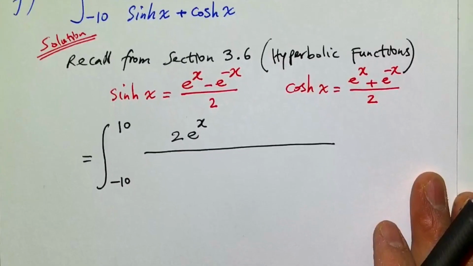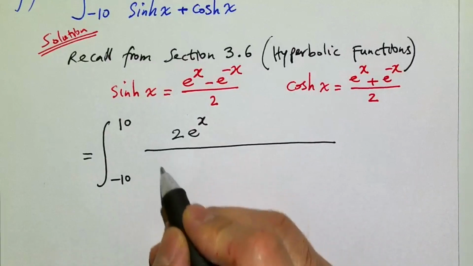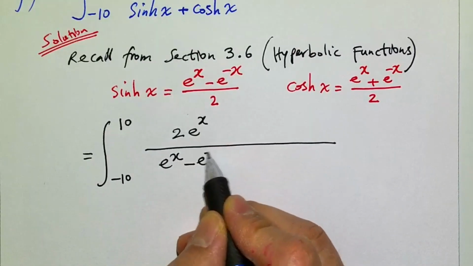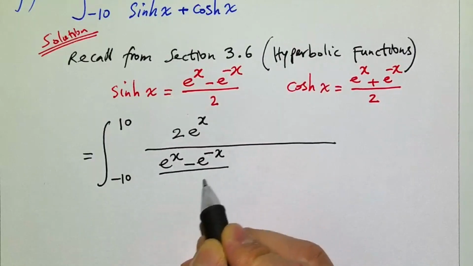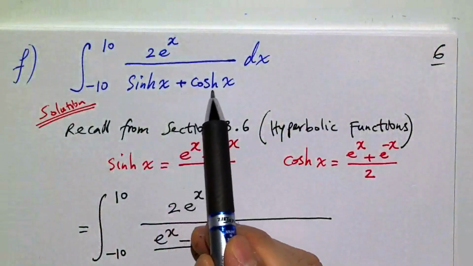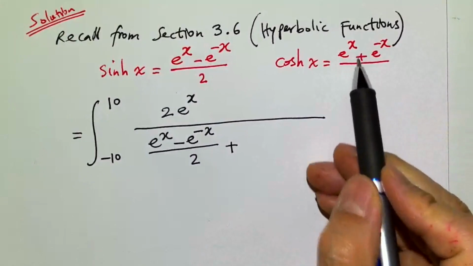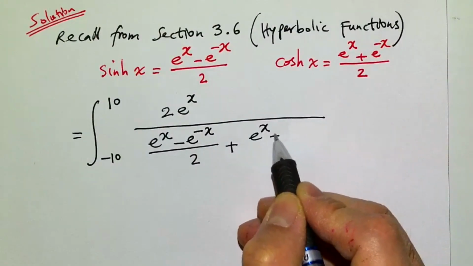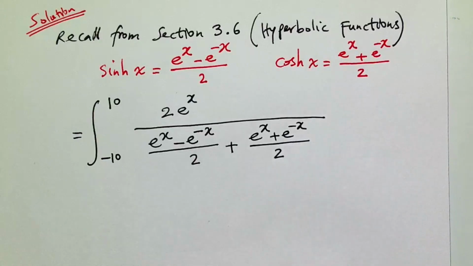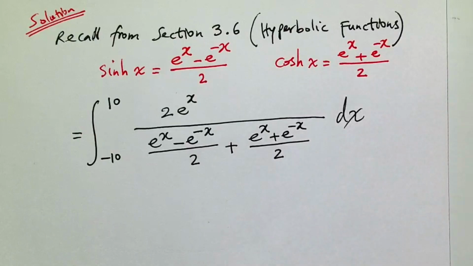It's going to go off the screen, but it's okay. You'll have it in the lecture notes anyway. So e to the x minus e to the minus x over 2, plus the hyperbolic cosine, plus all of that, e to the x plus e to the minus x over 2. Okay, of course, I have to remember dx here.